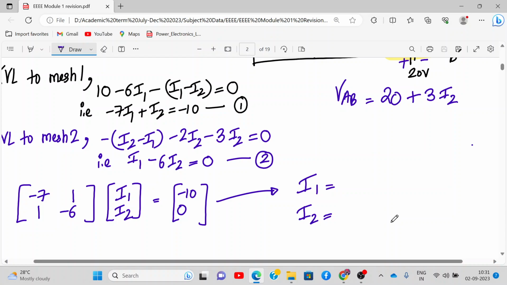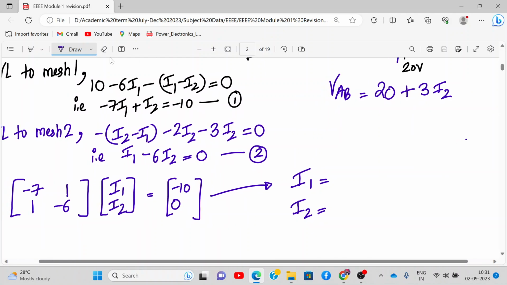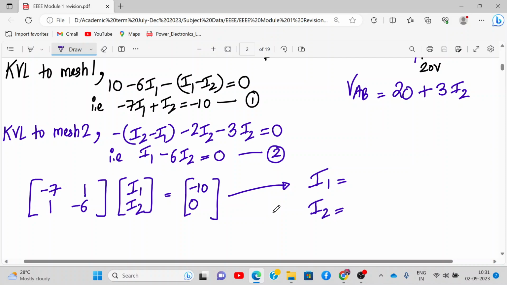All of you have to solve this, or else there is no point in keeping this online session, because you have to practice everything. Anyone with the value? How much is I1?